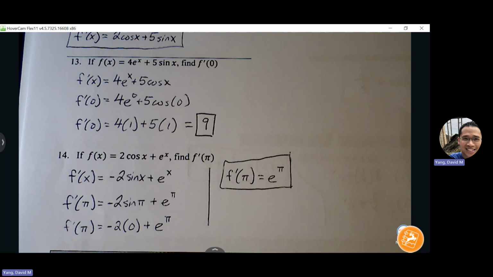Okay, I want you to try 15 and 16. Should be pretty straightforward. It says find the equation of the tangent line at the given x value. So gather your information, right? They give you the x, but you can find the y value using the original function. Get your ordered pair. Find the derivative. From the derivative, find the slope. Once you have your ordered pair and your slope, use point slope form. Then also you may have to recall some of your unit circle values.